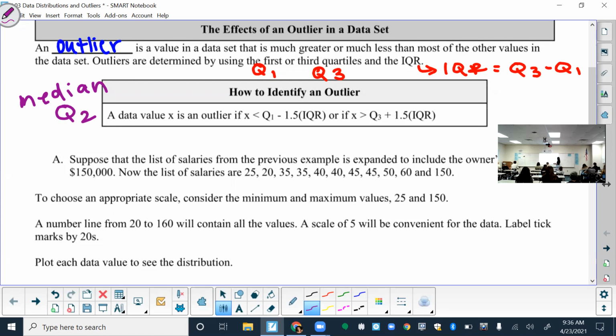So you use the one that has the less than if the number is significantly smaller than the rest of the data. So fill that in. You use that first inequality if the value you're evaluating is significantly smaller. And you use this one if the value is significantly larger.